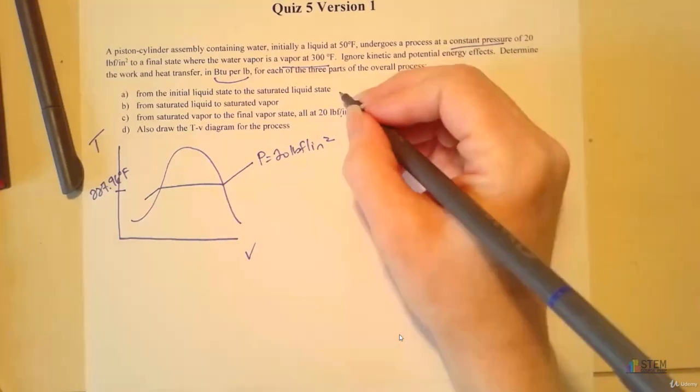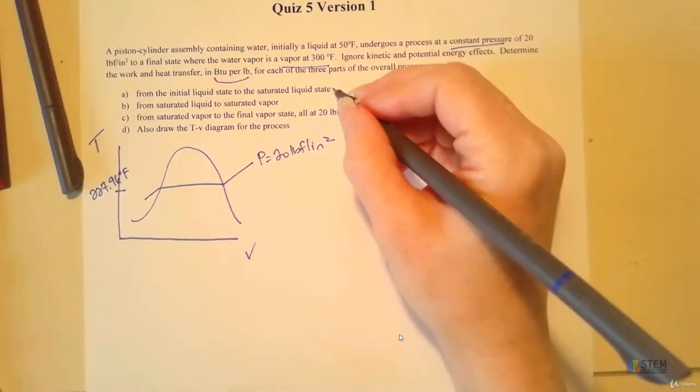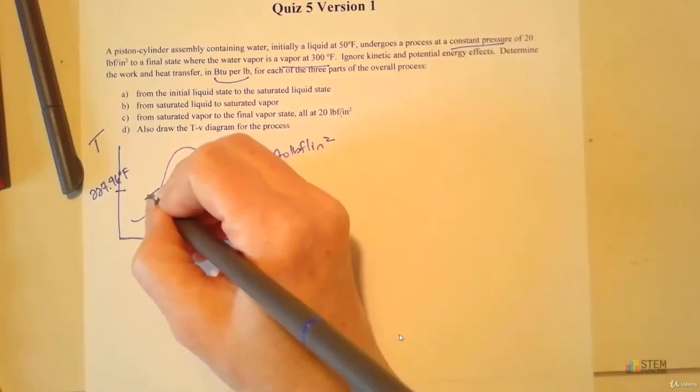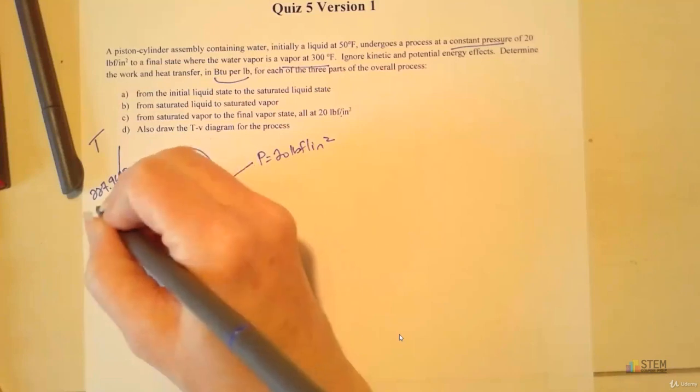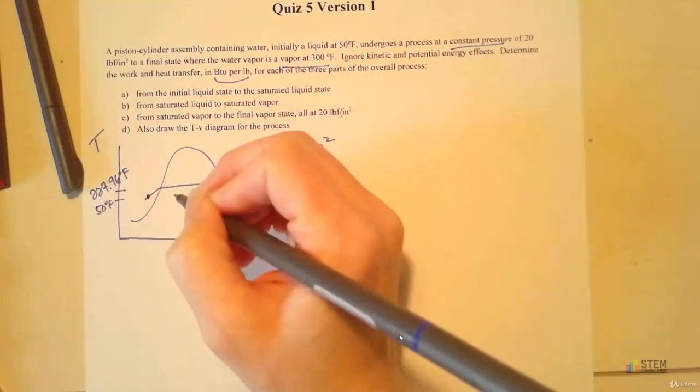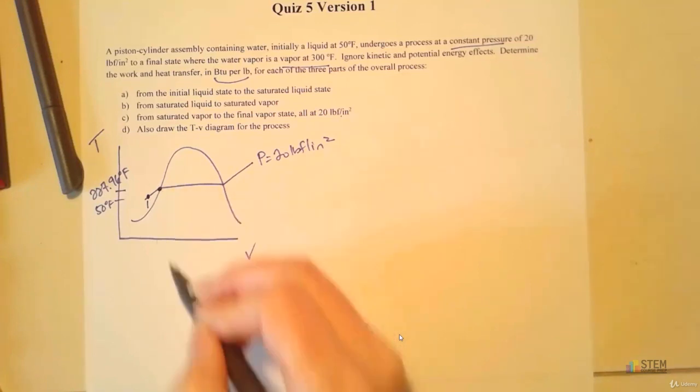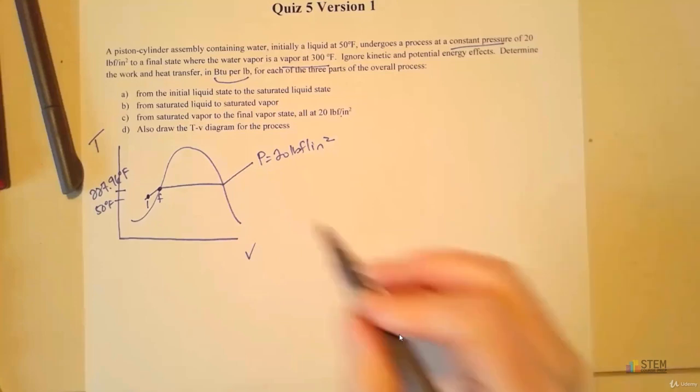On part A, we want to go from the initial liquid state to the saturated liquid state. So initially we're down here somewhere at 50 degrees Fahrenheit. We want to go from here up to right here. Remember, that's that F point. So let's look at this first.